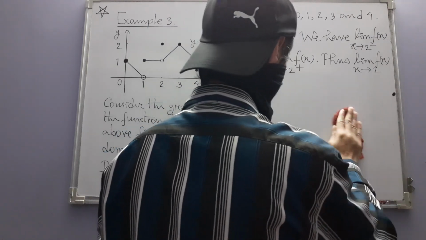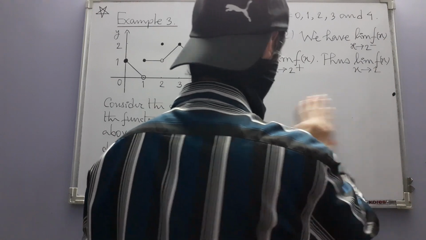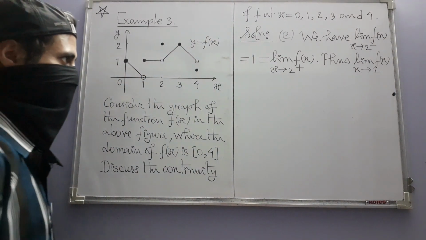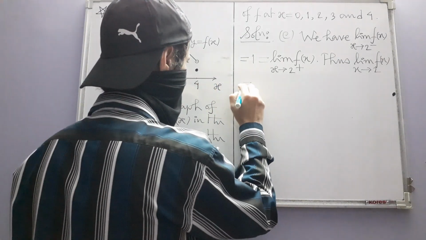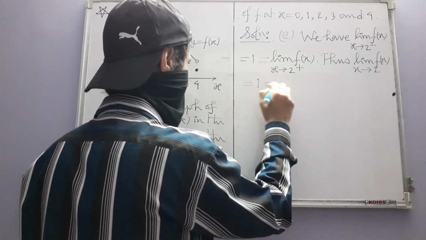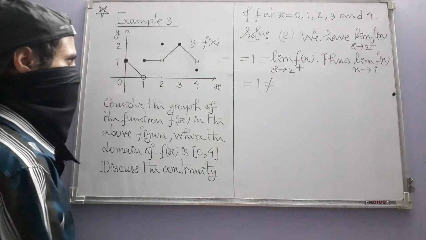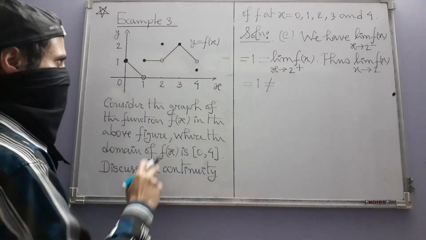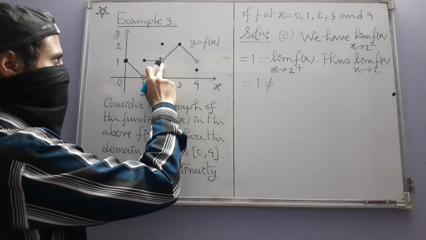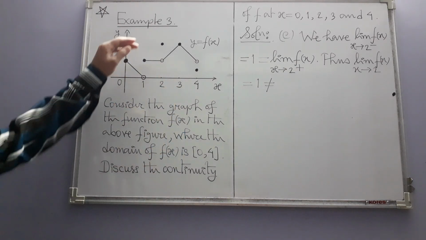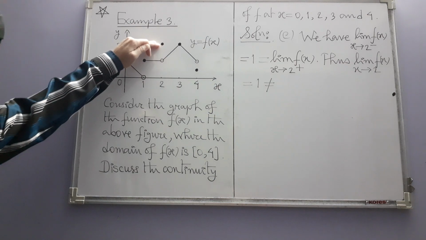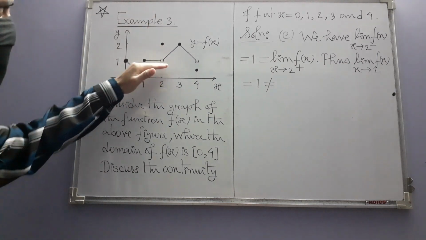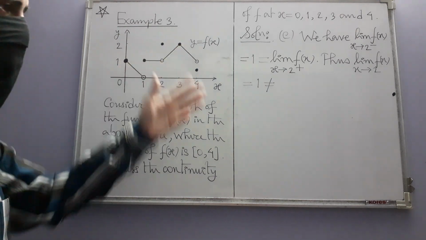But in spite of that, the function is not continuous. And the reason, of course, is that this limit value is not equal to the value of the function at 2, which is 2. And in fact, you can see that this is the case because the value of the function at that point lies above the limit. So here the graph is broken.